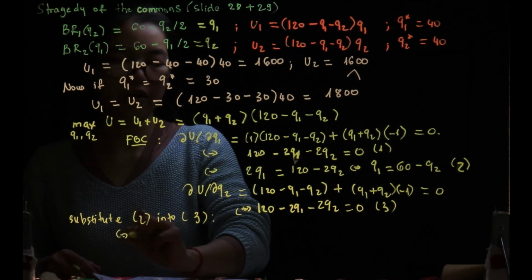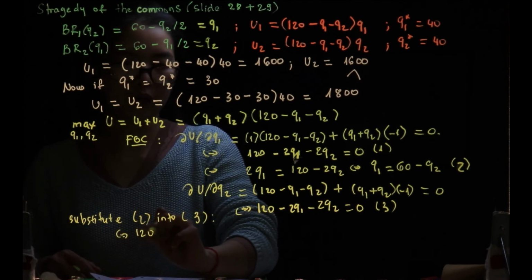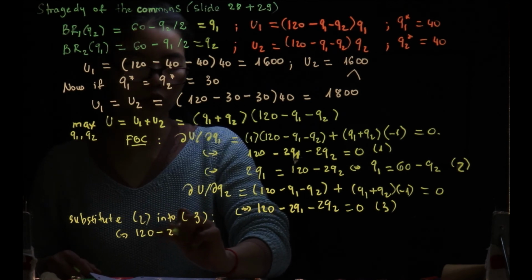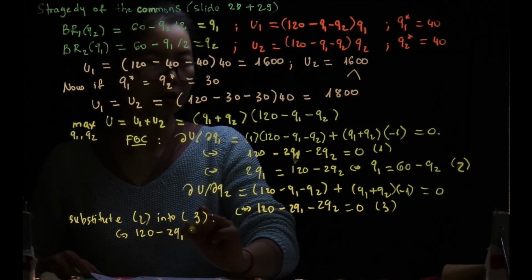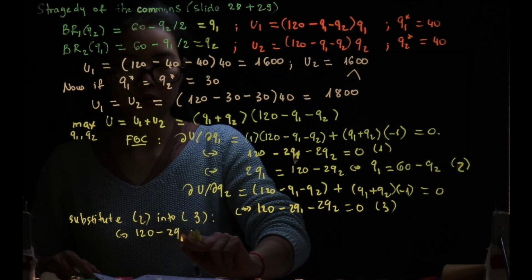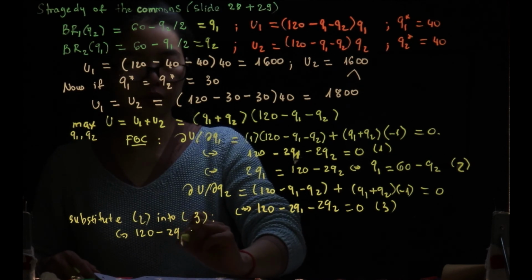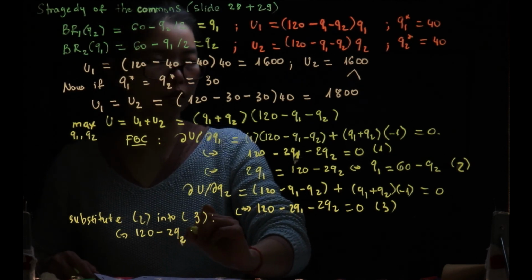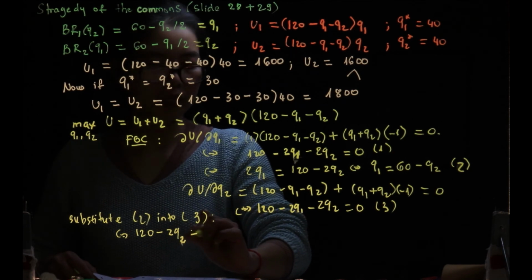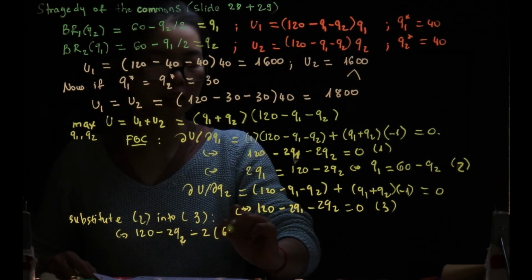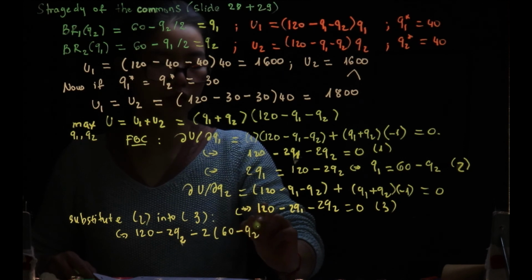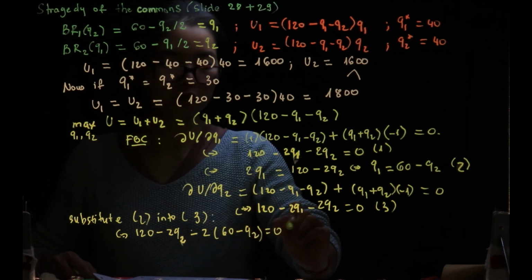Then you would have 120 minus 2Q2, because we have to substitute Q1 now, minus 2 times 60 minus Q2, right, equals 0.